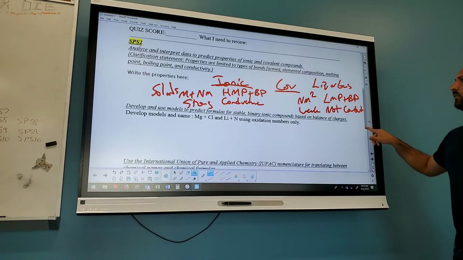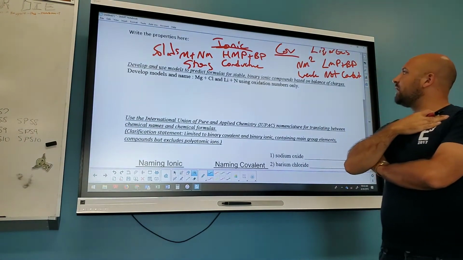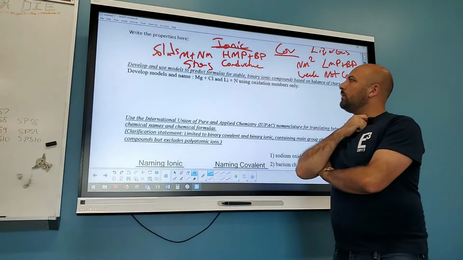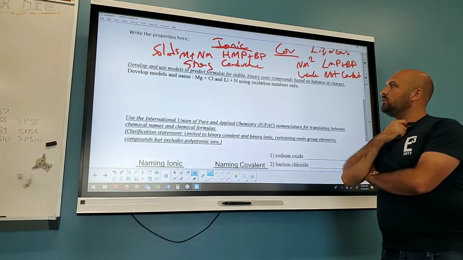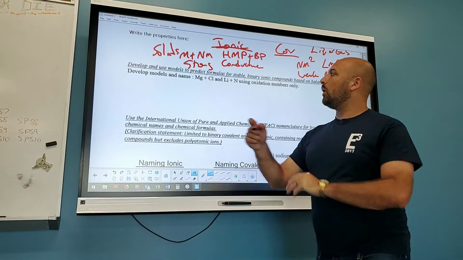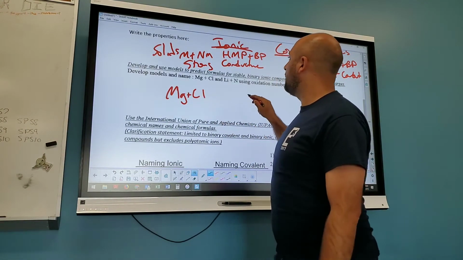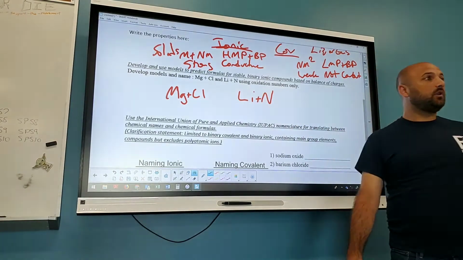Develop and use models to predict formulae for stable binary ionic compounds based on balance of charges. Develop models and name Mg plus Cl, Li plus N using oxidation numbers only. So if I'm bonding Mg and Cl, and I'm bonding Li and N, I need to use oxidation numbers only.